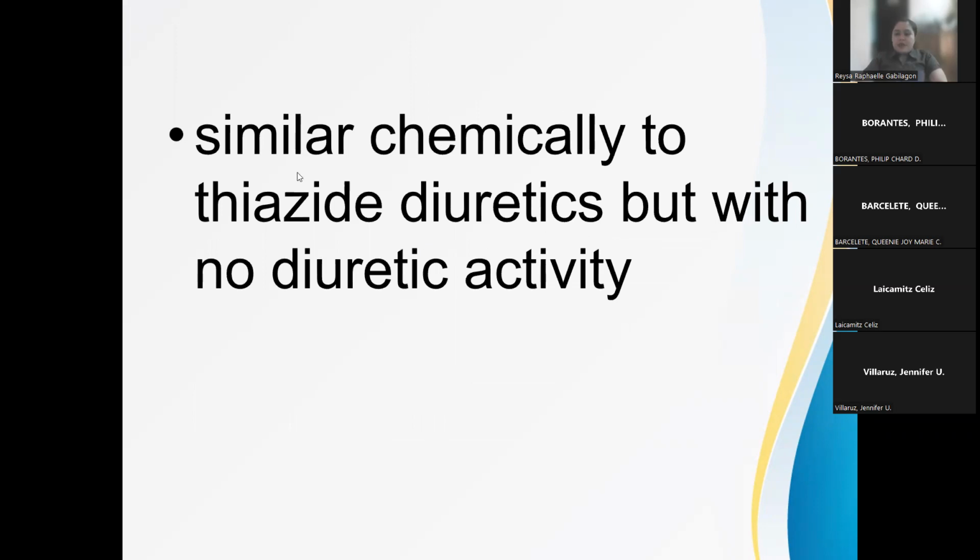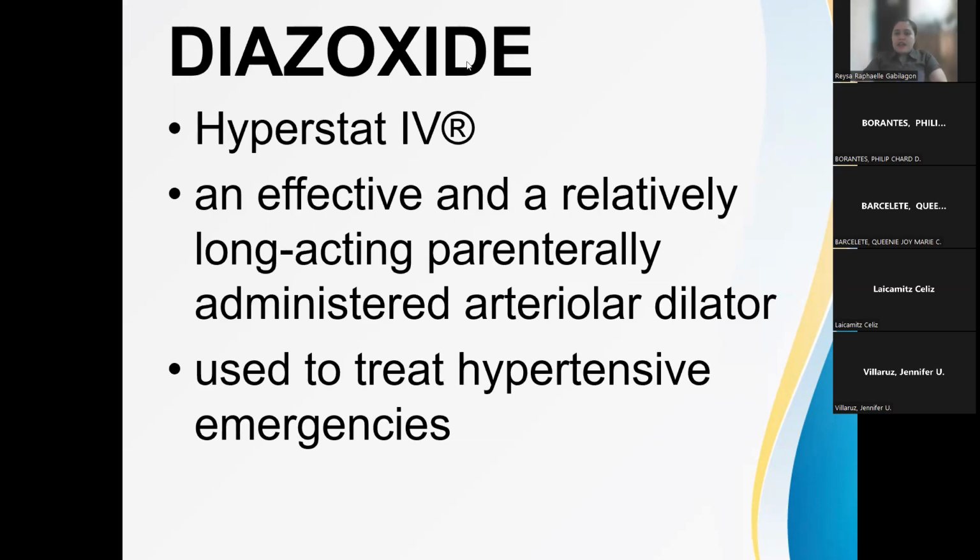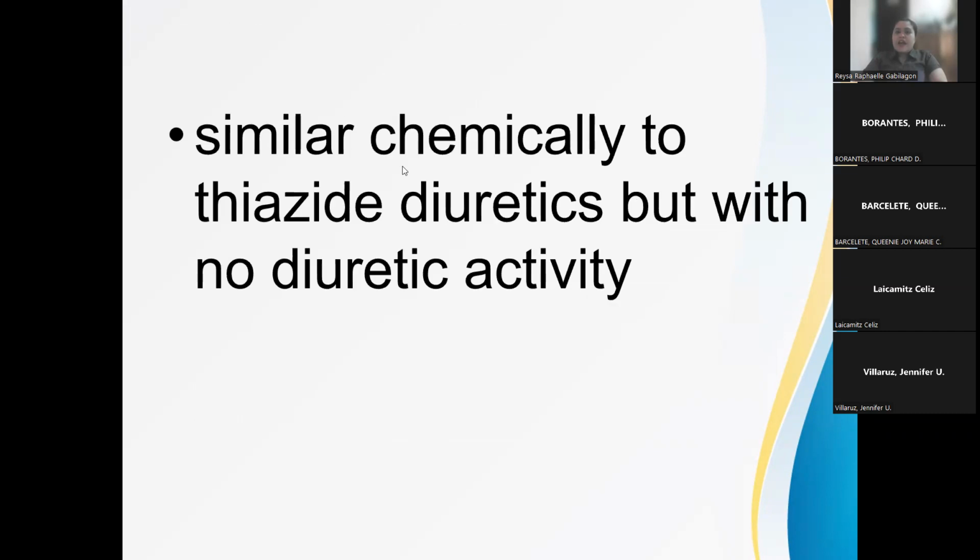Now, what's the favorite board exam question about our diazoxide class? Its structure is similar to our thiazide diuretics. Example, our hydrochlorothiazide. You can identify easily the hydrochlorothiazide, no? Because, of course, it has thiazide in its name. Others end in talidone.